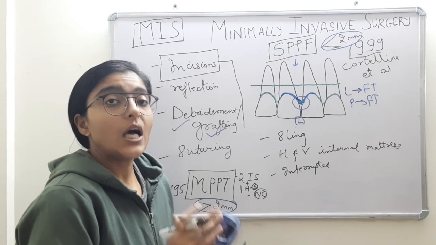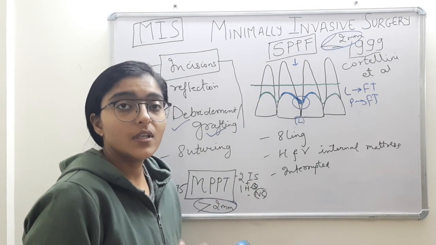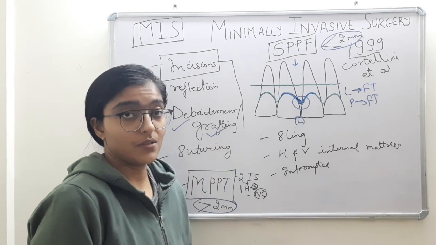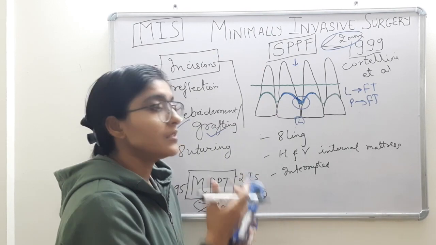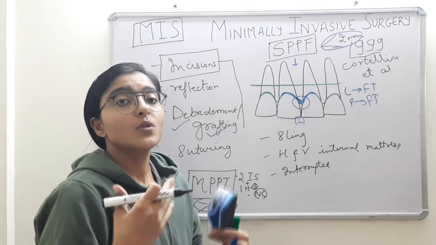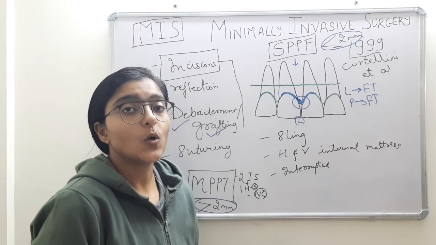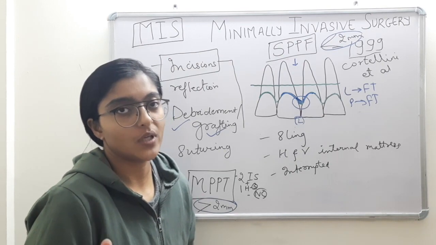First point. Now the second point is MPPT and SPPF are the modifications of papilla preservation flap. Cortellini et al. made the principles of these two techniques the foundation or the pillar to propose the next technique called MIST, which was performed in combination with Emdogain.